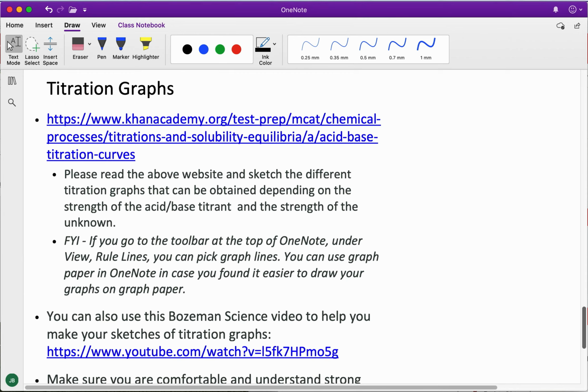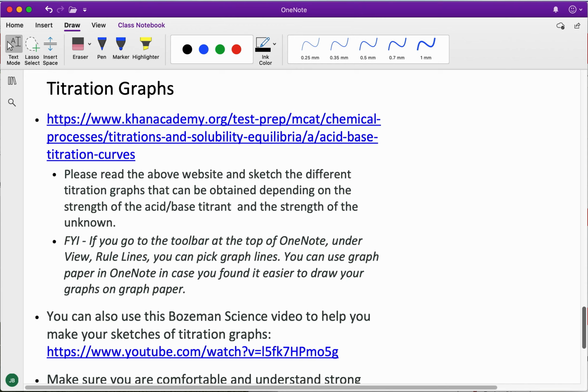So what I want you to do is go to this Khan Academy website and read and sketch the different types of titration graphs that can be obtained depending upon the strength of the acid or base in the burette versus the strong or weak acid or base in the Erlenmeyer flask.